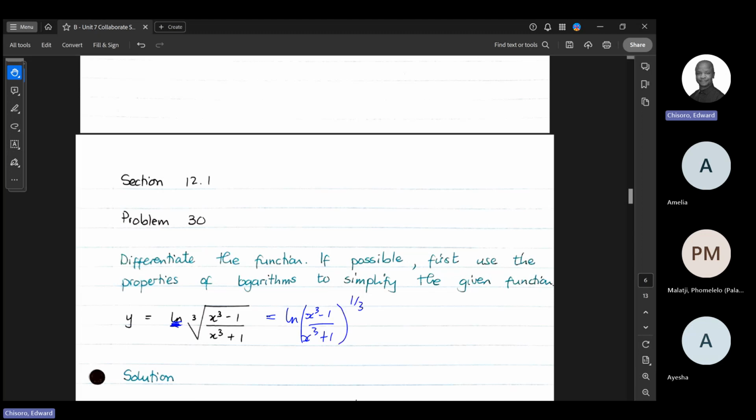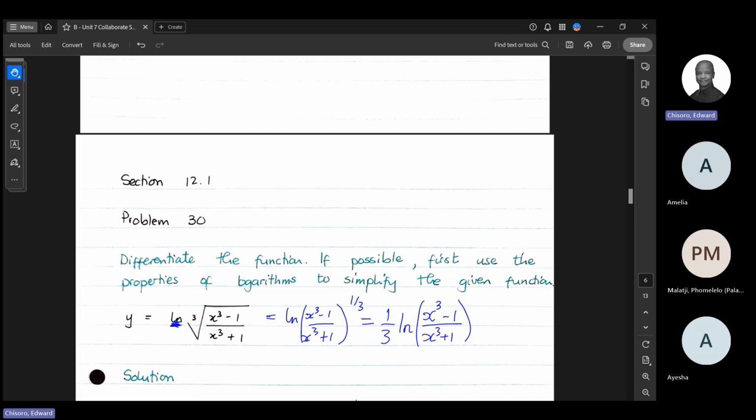Now we know that we can simplify further by making this power the coefficient of this log. So that would be 1/3 times ln of x cubed minus 1 over x cubed plus 1.